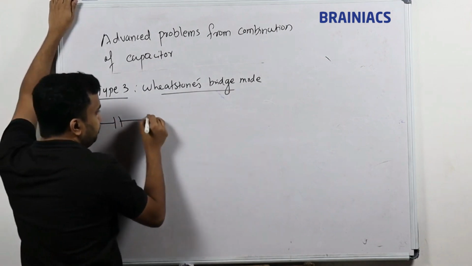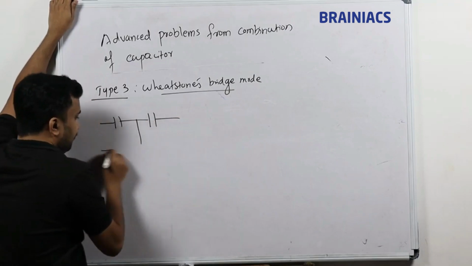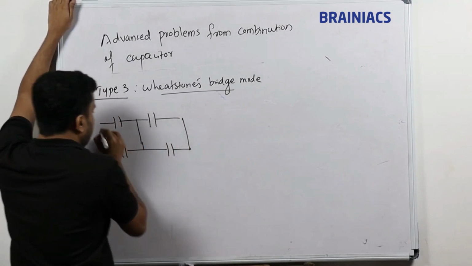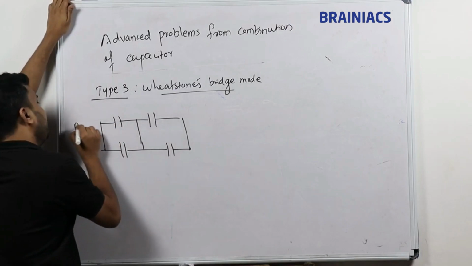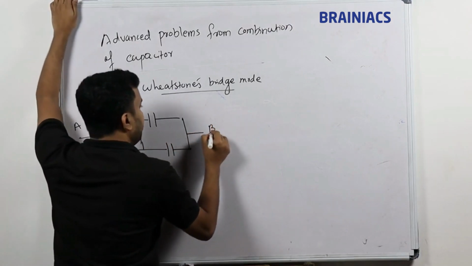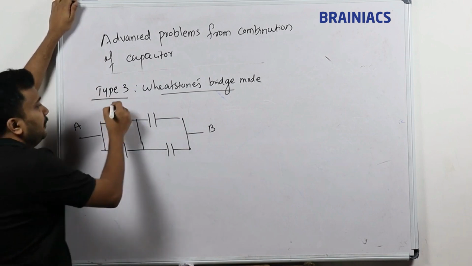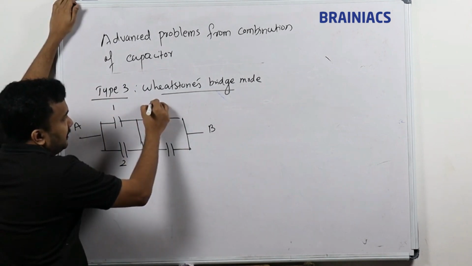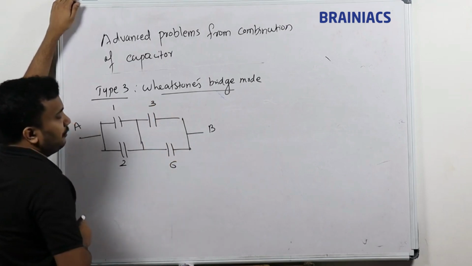For example, as usual, we'll directly go to the questions. We need to find the equivalent capacitance between A and B. For example, this is 1 microfarad, 2, and this is 3, and this is 6 microfarad.